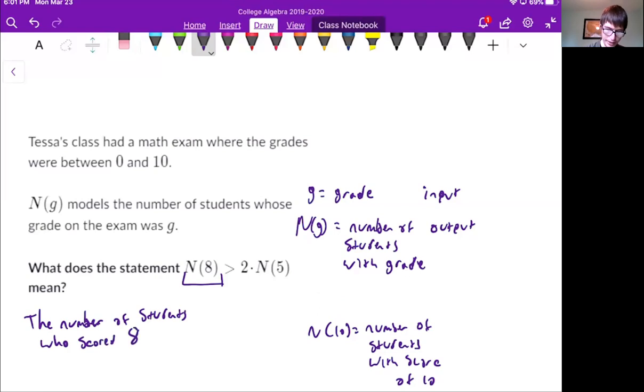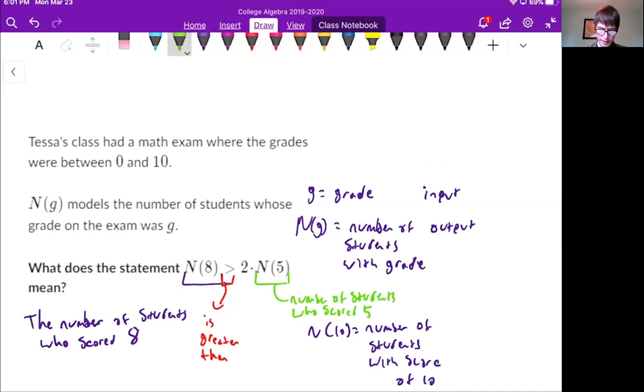And we know what greater than is, so this is greater than. Then let's look at the next bit on the right. N of 5 is the number of students who scored a 5.